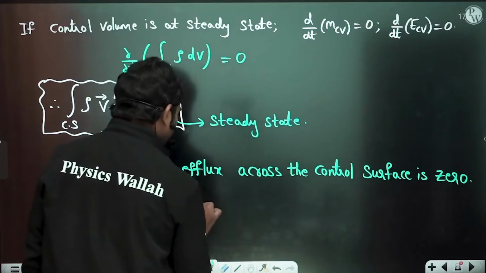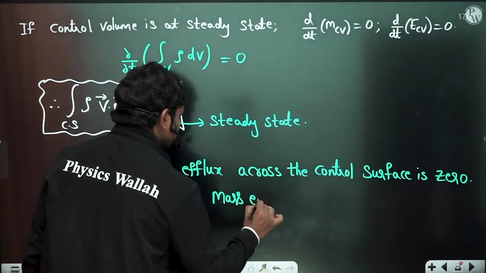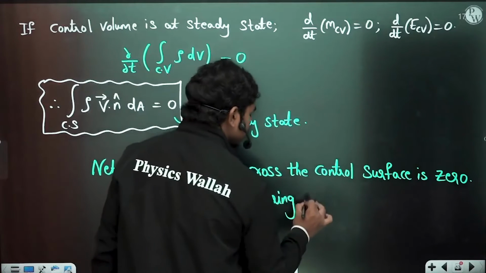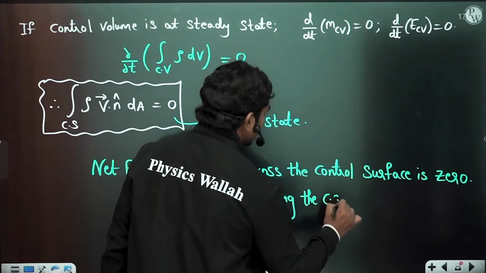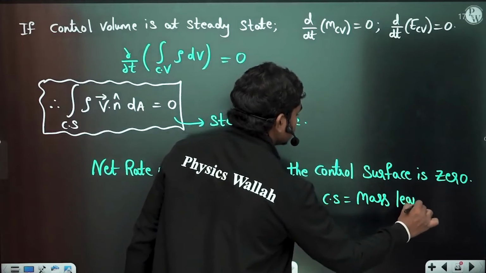Meaning, because we have taken the property beta, the mass entering the control surface should be equal to the mass leaving the control surface.